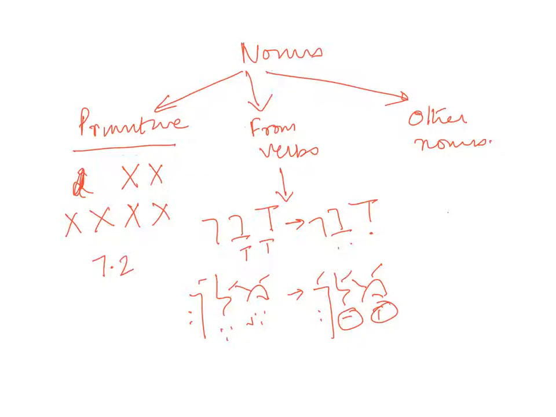But then we have nouns which are derived from other nouns. The most classic one is rosh. Rosh is head. We've studied that already. From that we get the word reshit, which is beginning in Hebrew.